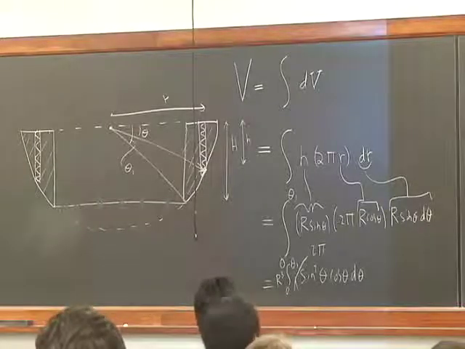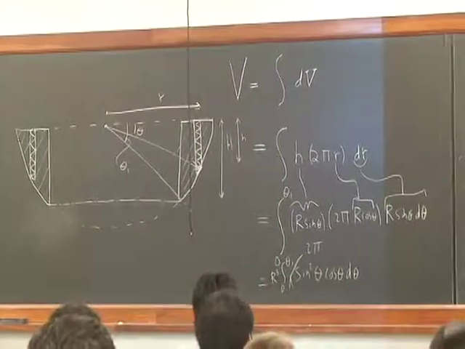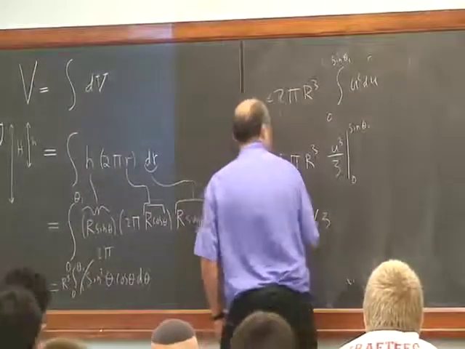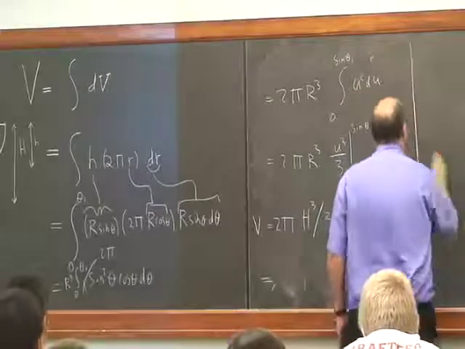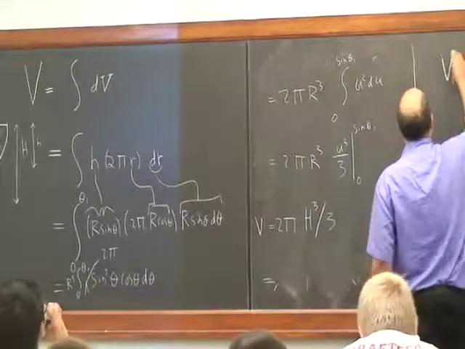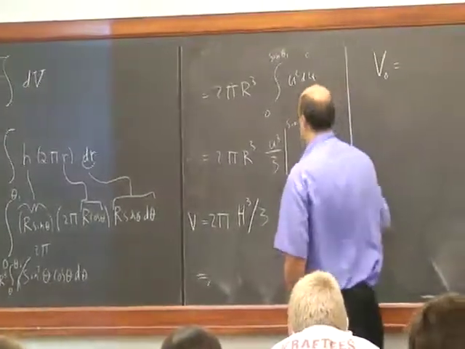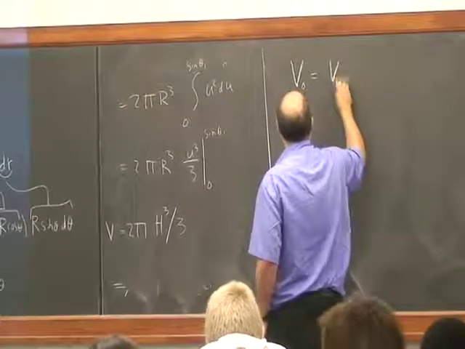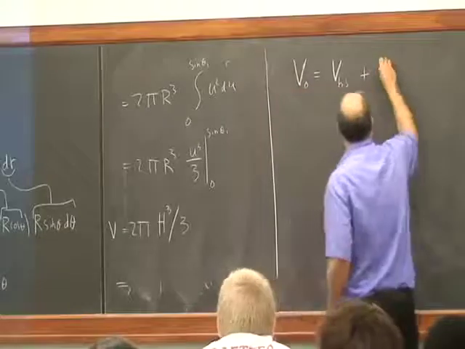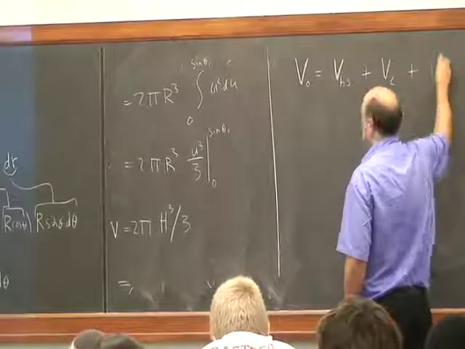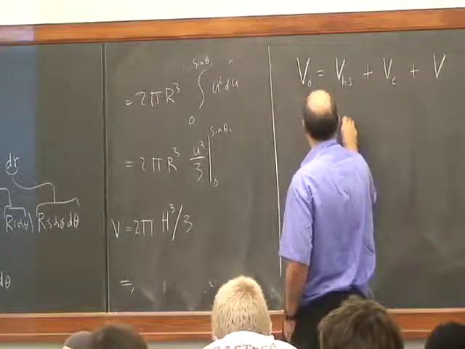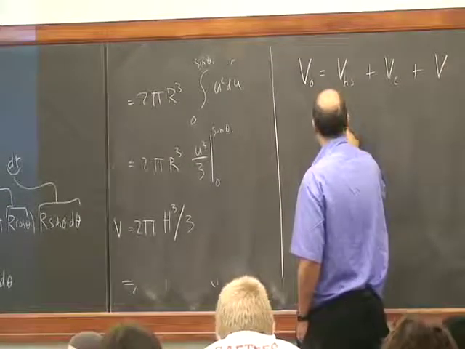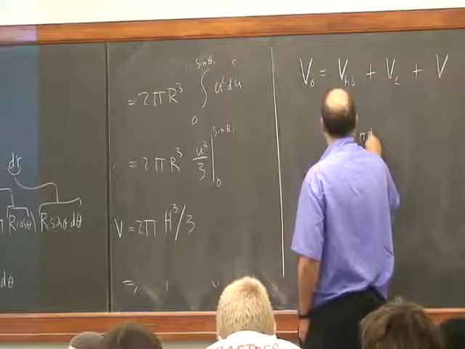So this gives us the volume of that sliver. This is the thing we called V. Then we can go back and say that the volume in the oil is equal to the volume of the half sphere plus the volume of the cylinder plus this thing I called V. The volume of the half sphere was 2/3 pi r cubed.